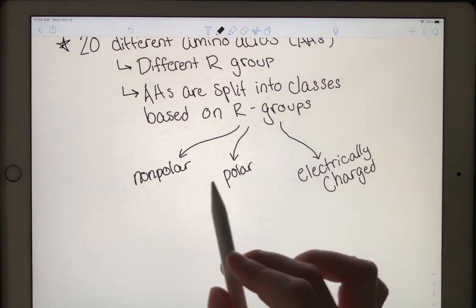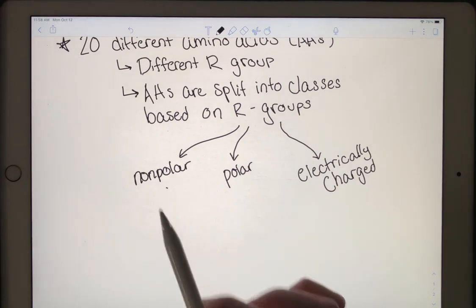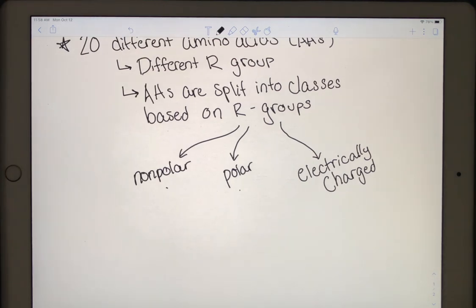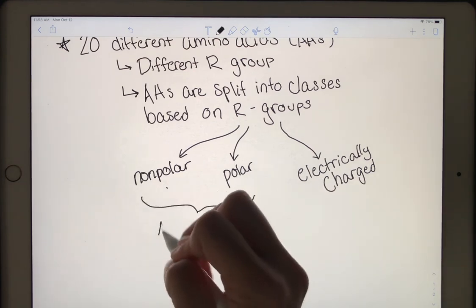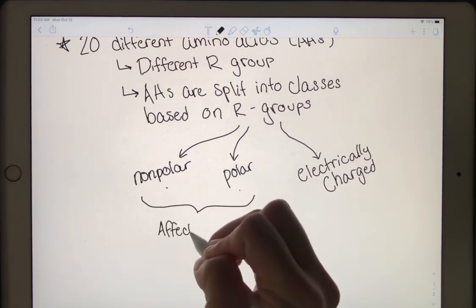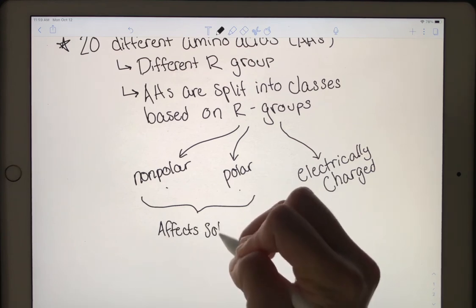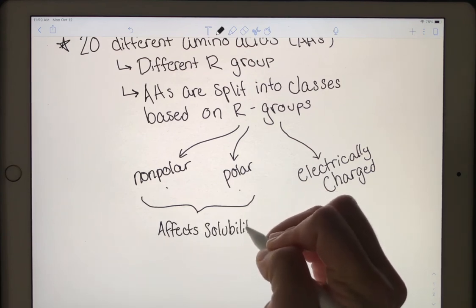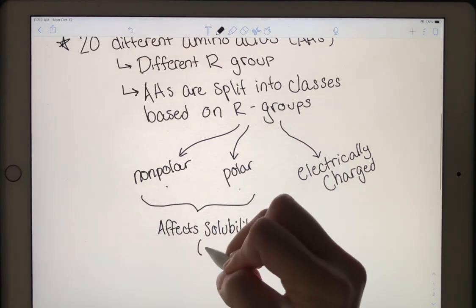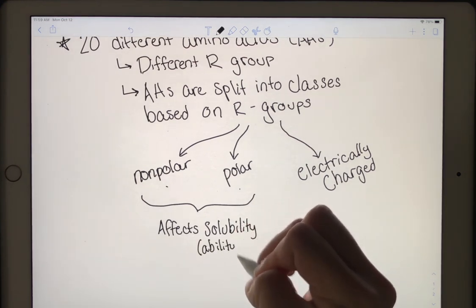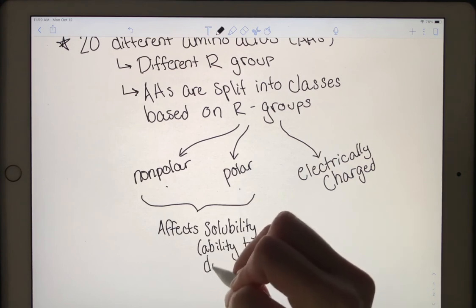So the difference between having an R group that's nonpolar versus having an R group that's polar is that the polarity of an R group will affect solubility. And remember from our water chemistry unit that solubility just means the ability to dissolve in water.